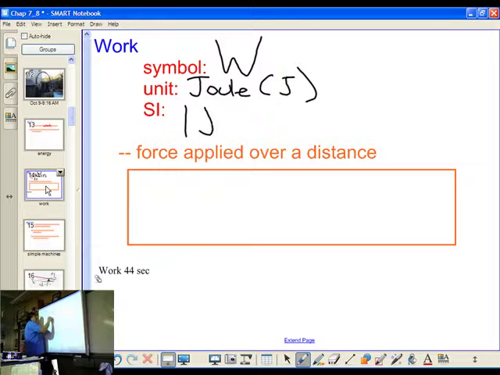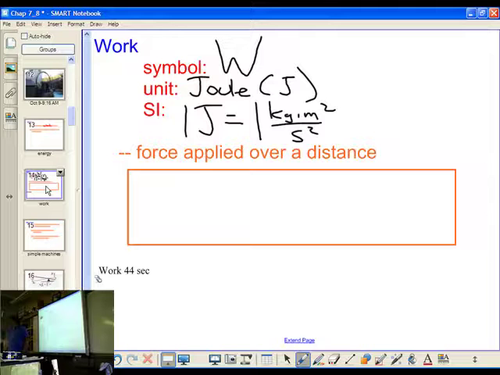Now the SI dimensions of a joule: it's a kilogram meter squared per second squared. So when you say a joule, you're saying a kilogram meter squared per second squared. The SI dimensions, the metric dimensions. Just remember, the SI dimensions tell us why we have to be in kilograms, meters, and things like that, where it all comes out.